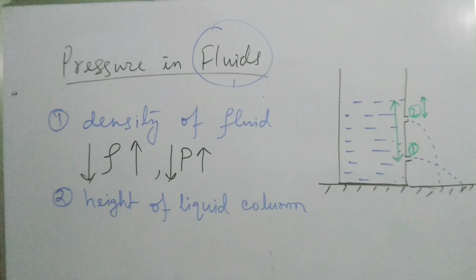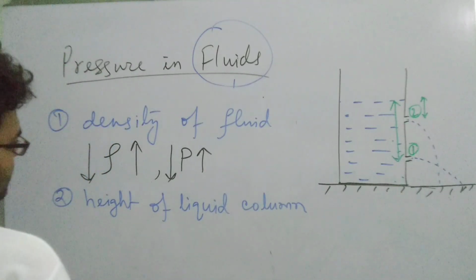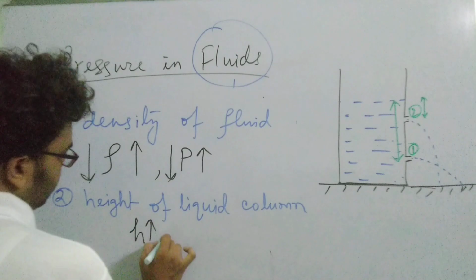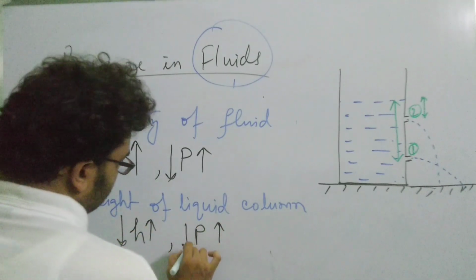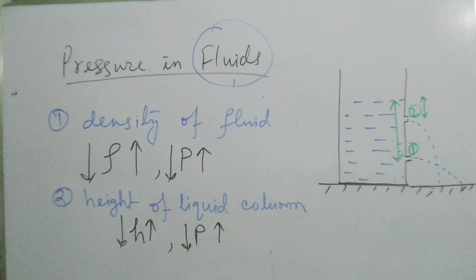So this is the second factor. We can consider that the more the height of the liquid column, definitely pressure exerted will be more, and the less the height of the liquid column, pressure exerted will also be less.